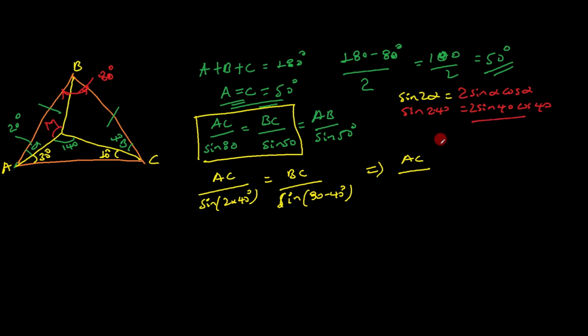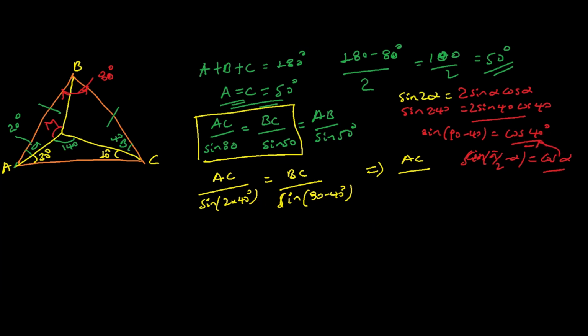The other one, sine of 90 minus 40 is just cos 40 degree, because sine of pi over 2 minus alpha means cos alpha.